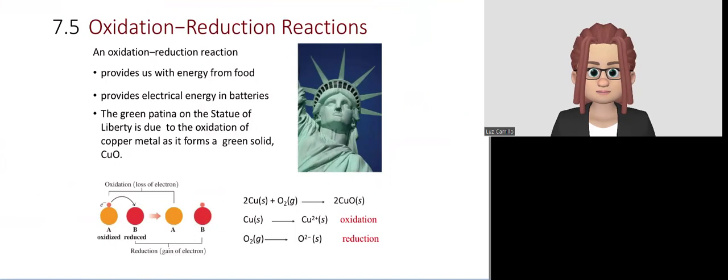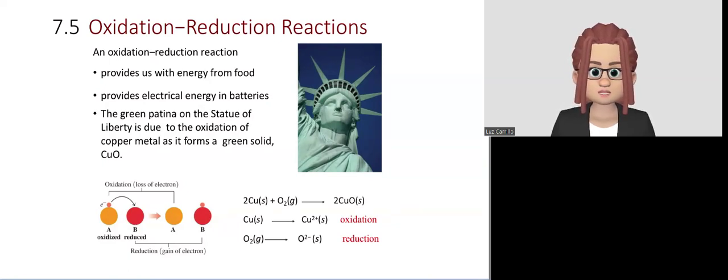This reaction of copper and oxygen combining to make copper 2 oxide is specifically what happened to a national symbol in this country that is known as the Statue of Liberty. The Statue of Liberty is actually made out of copper.